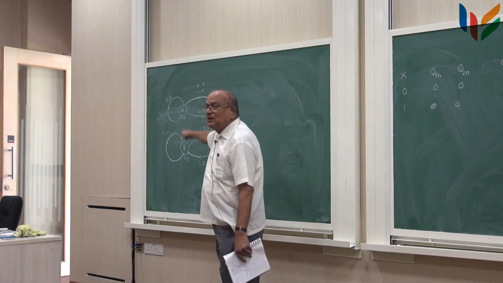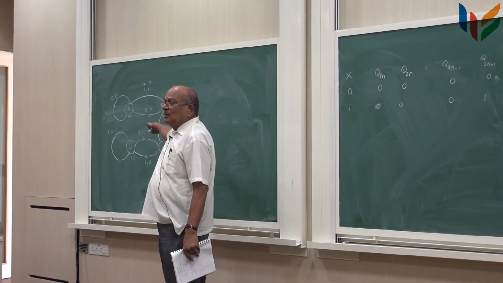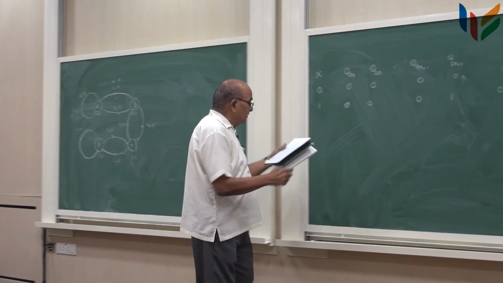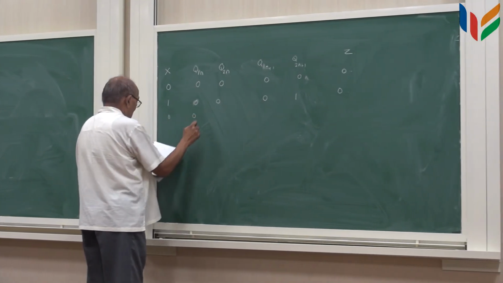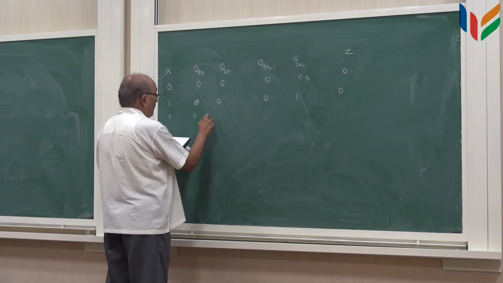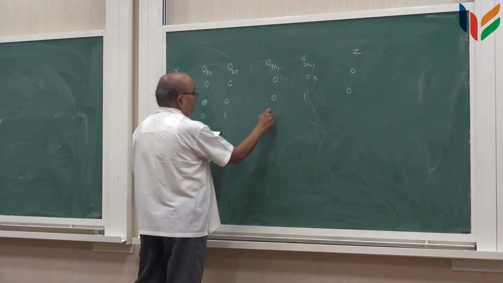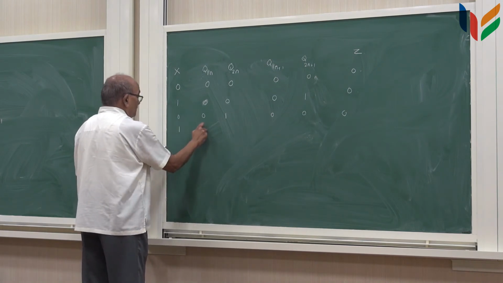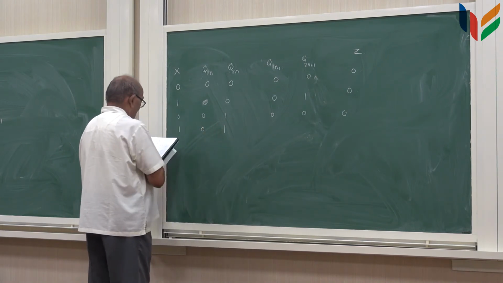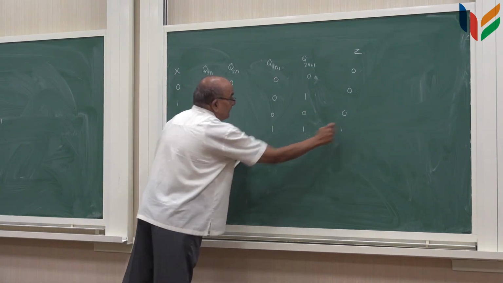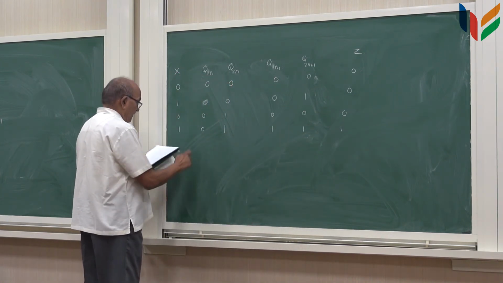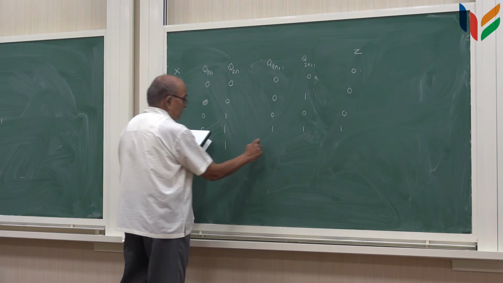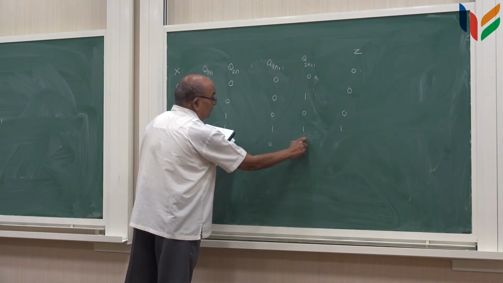Like this, you can fill up each one of them by looking at the arrows and the notation on the arrows, which represent the input and the output. So I'll quickly fill up this table.